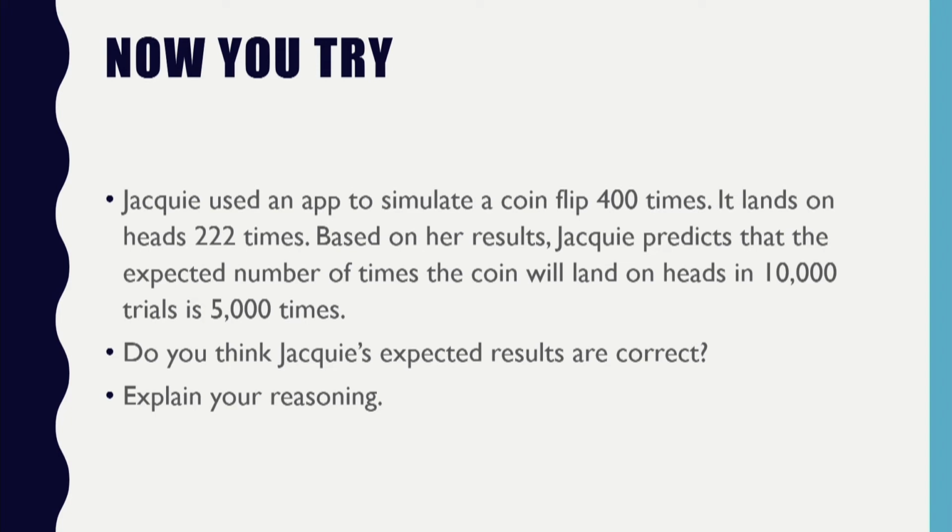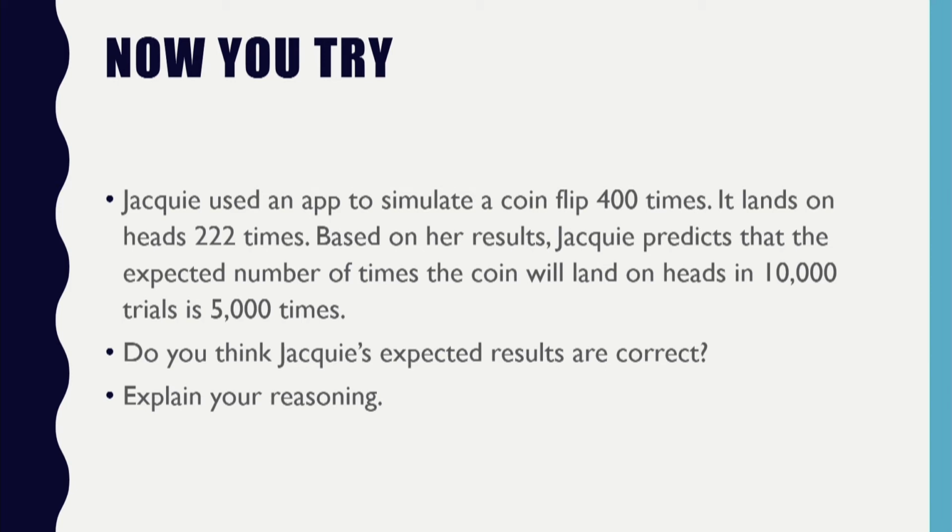Now you try. Jackie used an app to simulate a coin flip 400 times. It lands on heads 222 times. Based on her results, Jackie predicts that the expected number of times the coin will land on heads in 10,000 flips is 5,000 times.